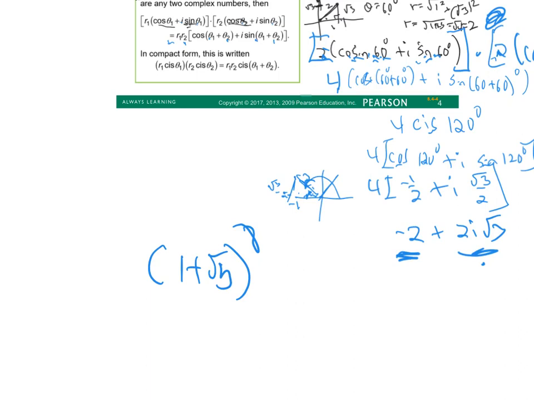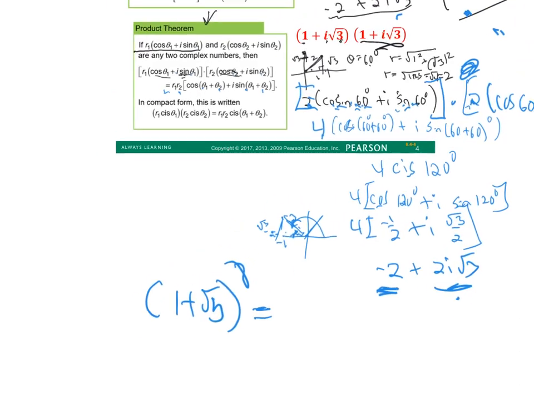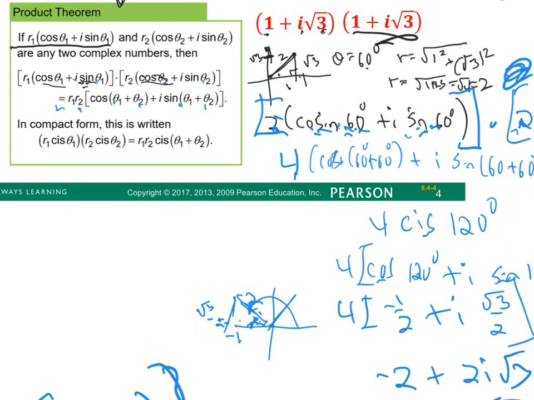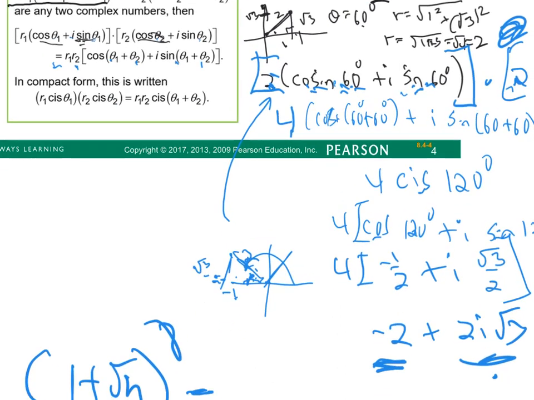But with my new, well, we didn't come up with a secret yet for doing 8 of them. We have that shortcut where I take the r to the 8th, and we already found out that 1 plus square root of 3i was right here. So let me write that out.